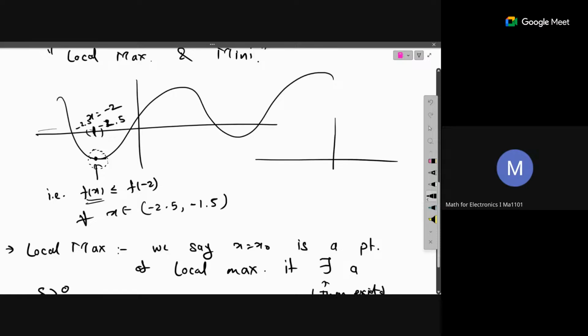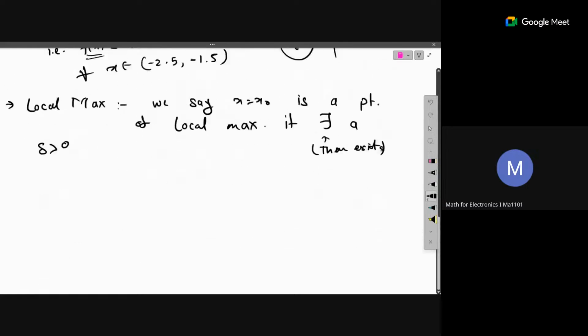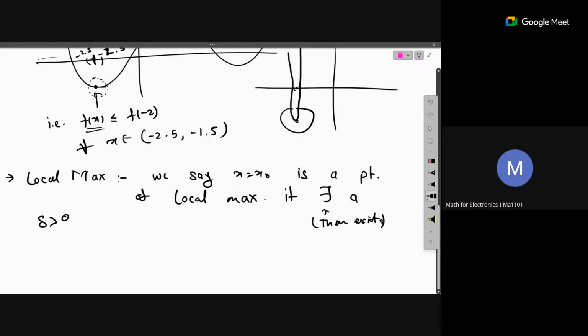For example, with this kind of picture, I can take a very small neighborhood to say that this point is my local minimum. In this picture, it is nothing but local minima.